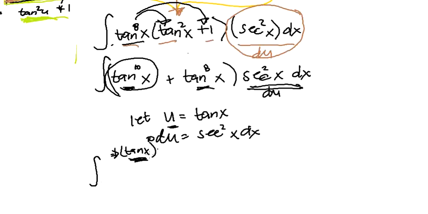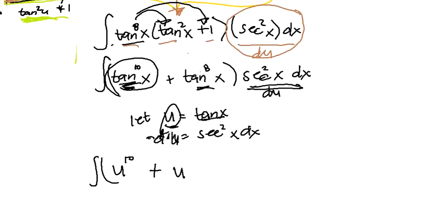So we have u to the 10, plus u raised to 8, then our du, which is secant squared x dx.